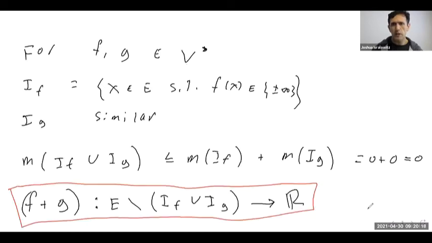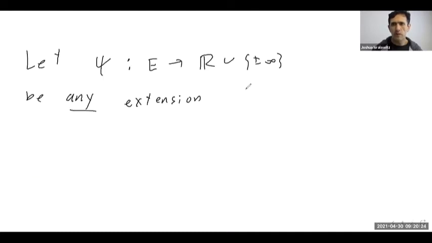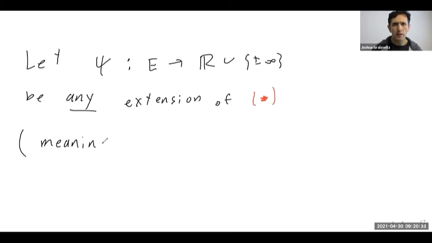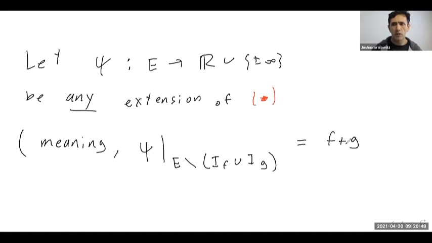We absolutely don't care. Let's give this function a name, star here. And so what do I mean by that? If it's not clear, I mean that when I take psi and I restrict it to E take away IF union IG, I just get f plus g.